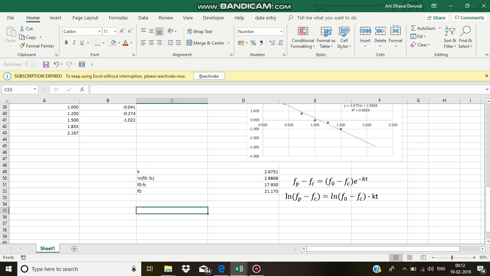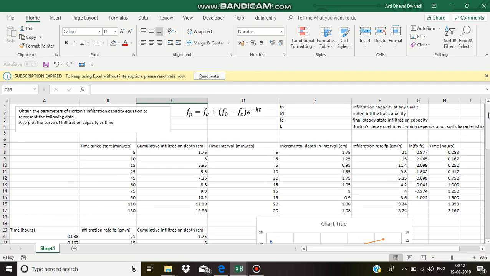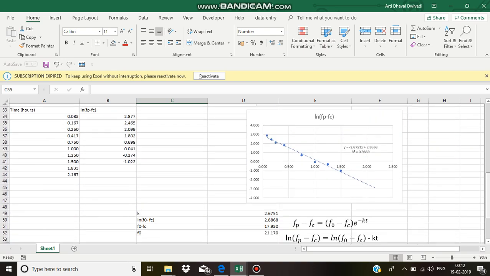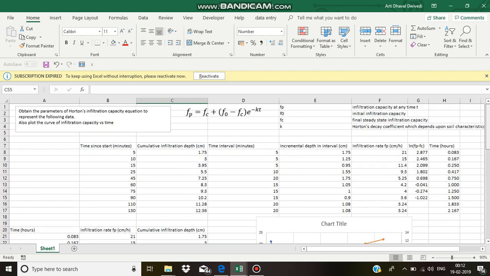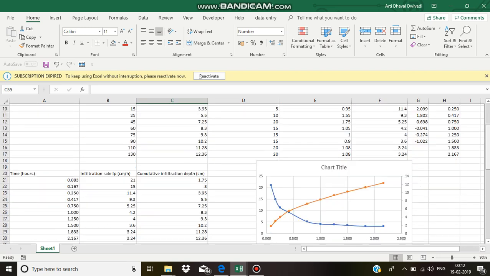So our final equation is Fp is equal to Fc plus F0 minus Fc e raised to minus kt. We'll substitute these values.